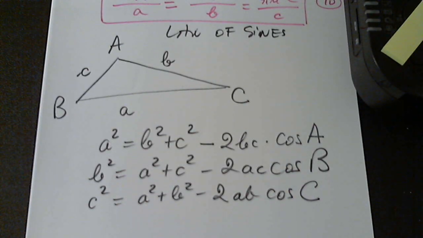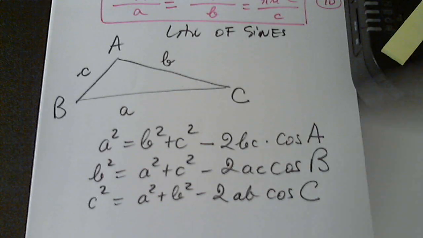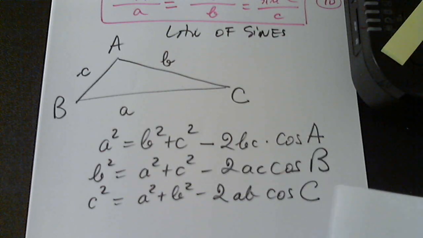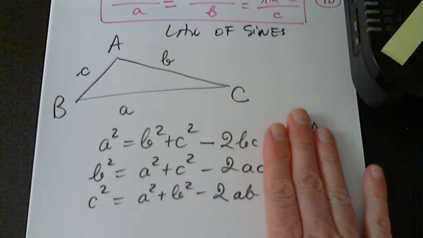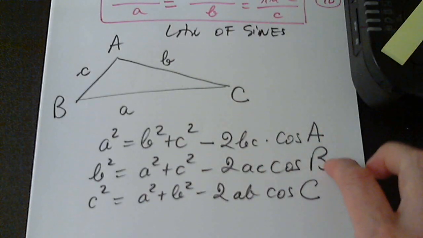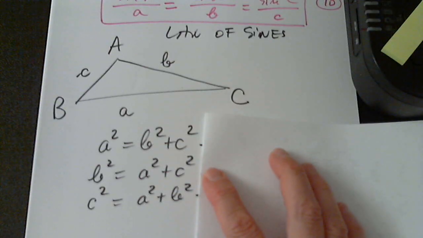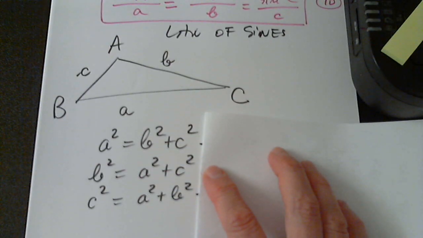And yes, this is the Pythagorean theorem if A or B or C respectively are 90 degrees, because cosine 90 is 0. And I recover the Pythagorean theorem.